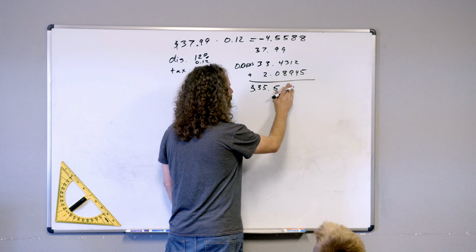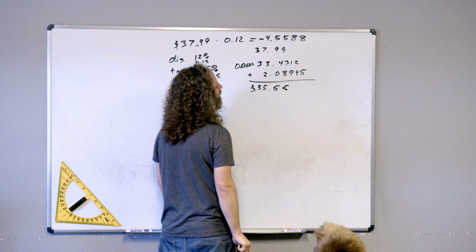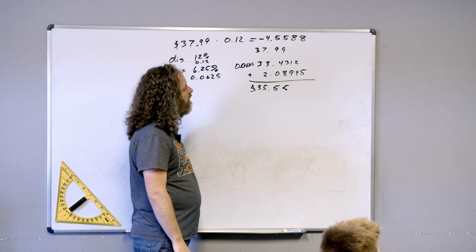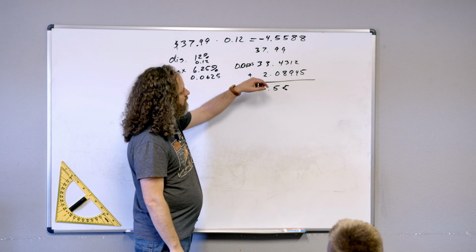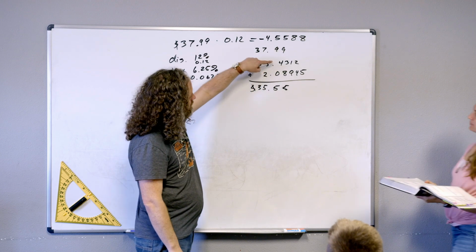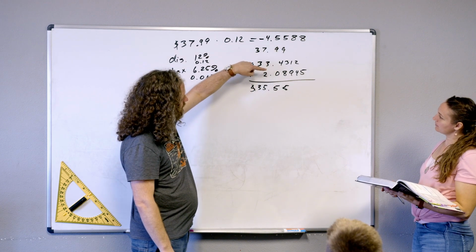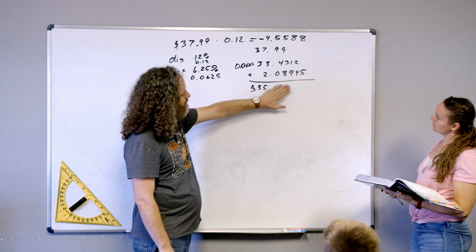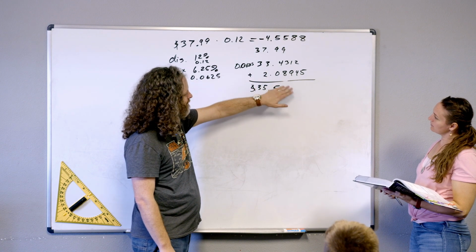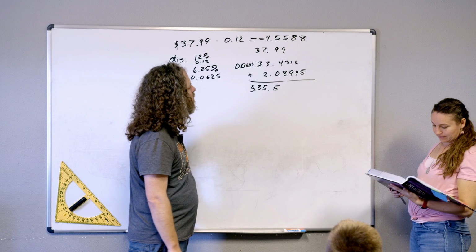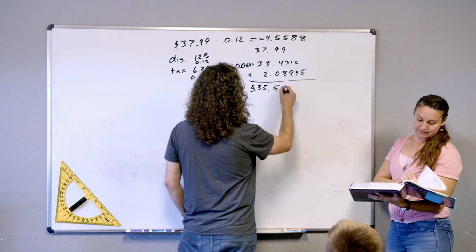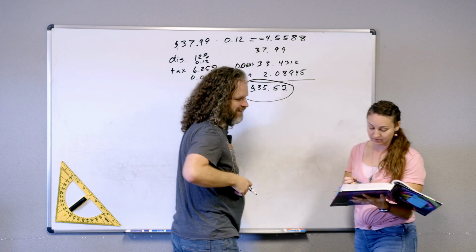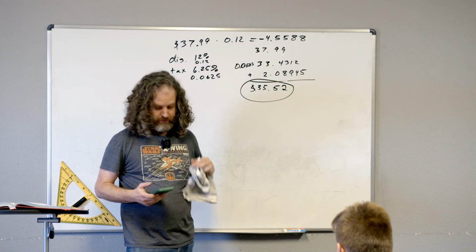Okay, let's do this again. 33.4312 plus 2.08945. 35.52. Yeah, 35.52. I didn't put it in right. Yes, you were right. Okay.